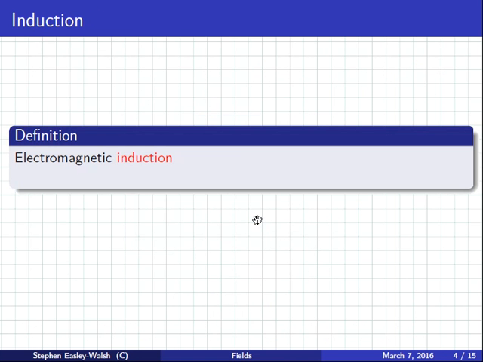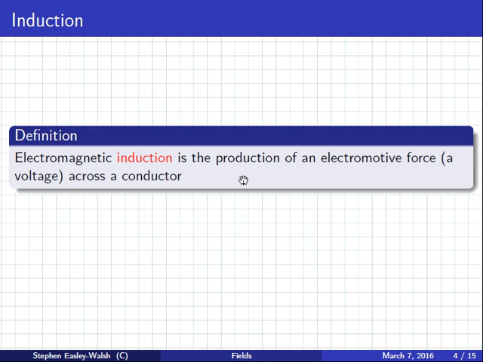Okay. So, the definition is: electromagnetic induction is the production of an electromotive force, a voltage, across a conductor exposed to a change in magnetic field. This is the definition in words. I'm sure you prefer the definition in pictures.